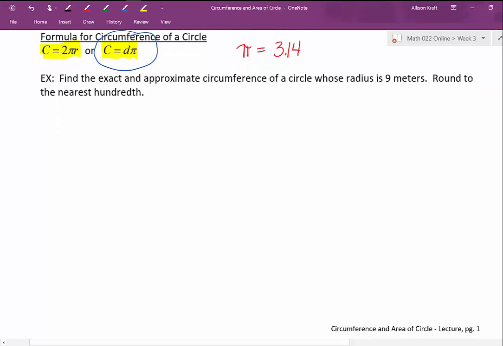Let's find the exact and approximate circumference of a circle whose radius is 9 meters. When finding the exact value, that means that we leave the variable pi in. We don't want to replace it with 3.14.